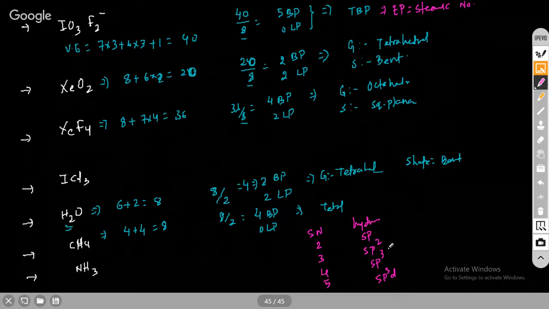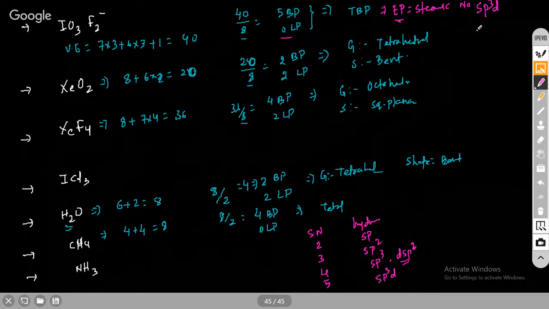If it is 4, then dsp2 is also possible, which is there in coordination compound. This hybridization we get in coordination compound when inner d orbital is involved. So the electron pair or steric number will be the sum of number of bond pair and lone pair. If it is 5, then hybridization will be sp3d.